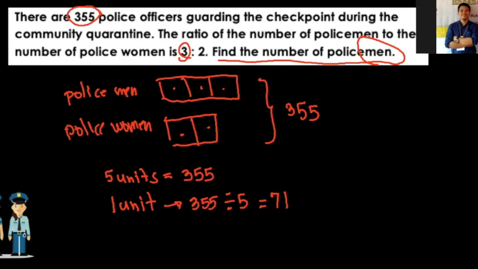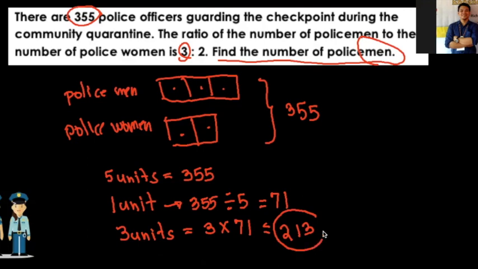Going back to the number of units for the policemen, there are 3 units for the policemen. So that will be 3 times 71. And 3 times 71 is 213. Therefore, we can say that there are 213 policemen in the checkpoint. So this will be 71, 71, 71, 71, 71.